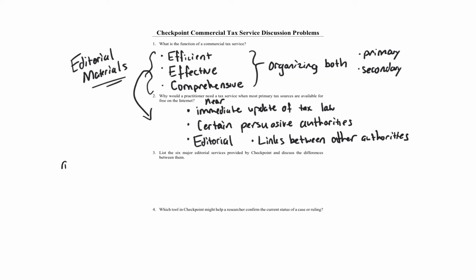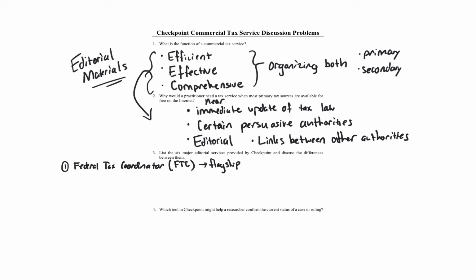So number 1, the one that is most well known that Checkpoint does is the FTC, which is known as the Federal Tax Coordinator. And this is the most comprehensive of all of the different editorial services provided by Checkpoint. So FTC is one of the flagship, one of the premier editorial services that Checkpoint provides.